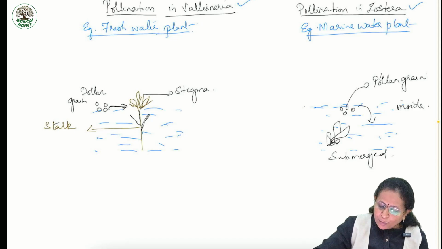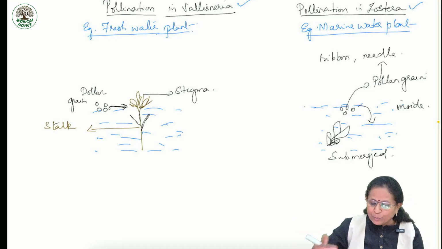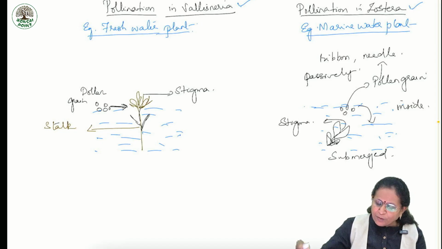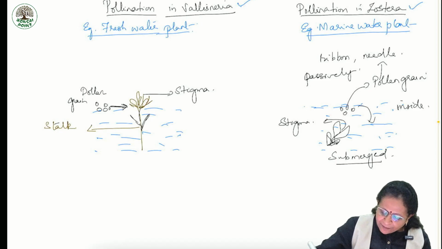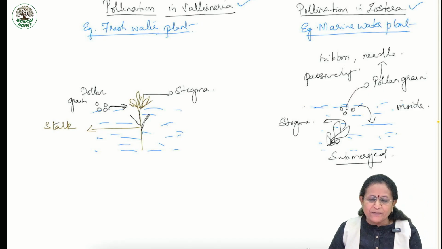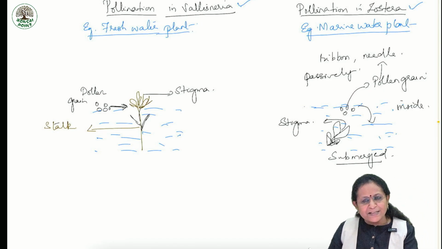Thereby, the pollen grains will be ribbon-like or needle-like so as to cut the water and move passively inside. By chance, it meets the stigma of the flower and brings about pollination. This is what we explained with reference to Vallisneria and Zoostera.